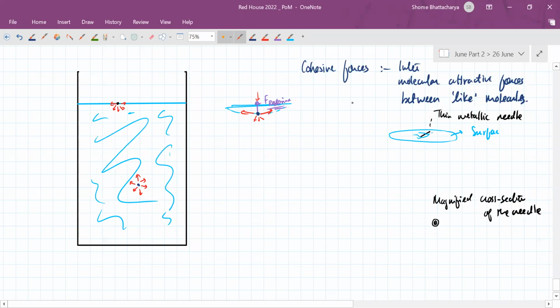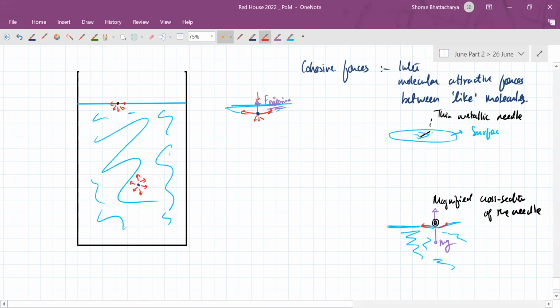What has happened is, because of the weight of the needle, the layer of molecules at the surface got slightly bent like this. They are applying cohesive forces on each other which are like this, generating an upward force on the needle, which is able to balance its weight. That's how the needle is able to balance and be in equilibrium on the surface.